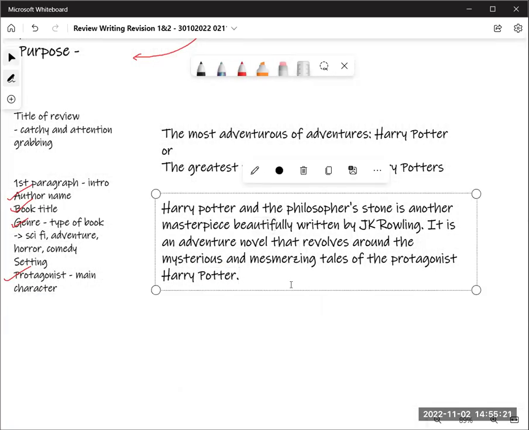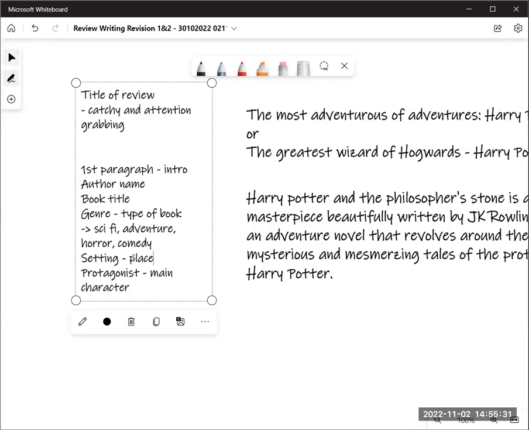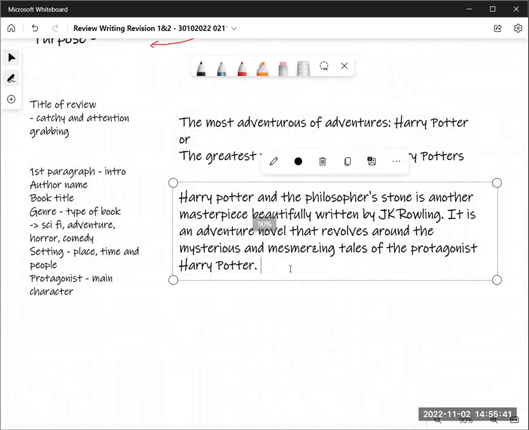Setting. Now I have to write the setting. What is the setting? I want you to write it in your notebook. Setting is basically place, time, and let's say people. Basically, we focus on the time.